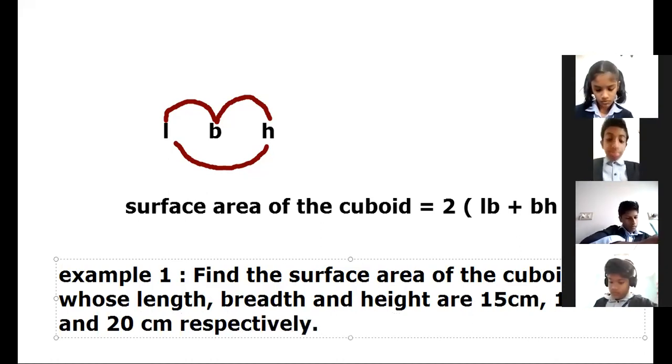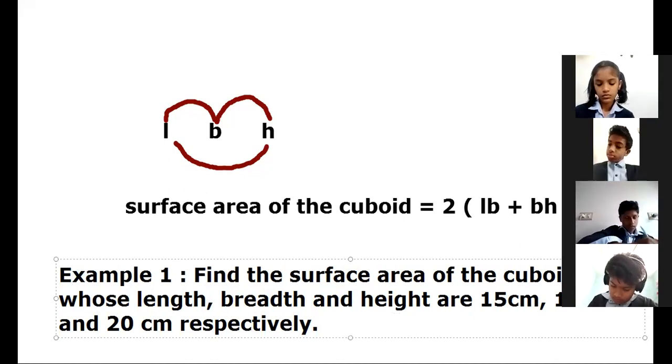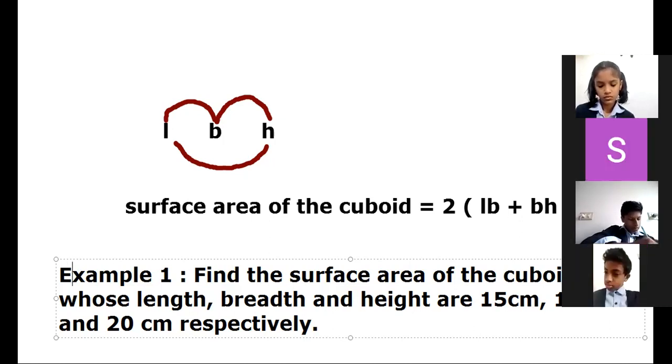Yeah, you have to write this. Okay, this is an example. Example 1. Find the surface area of the cuboid whose length, breadth, and height are 15 centimeter, 10 centimeter, and 20 centimeter respectively.